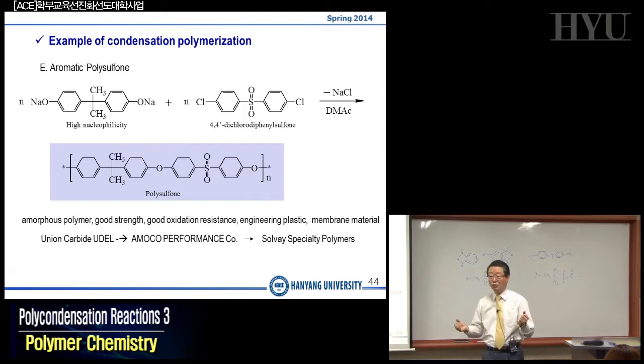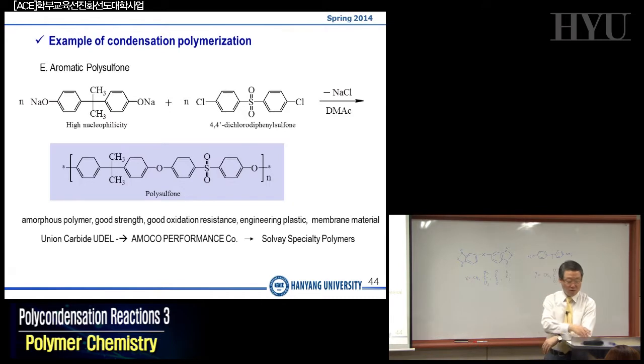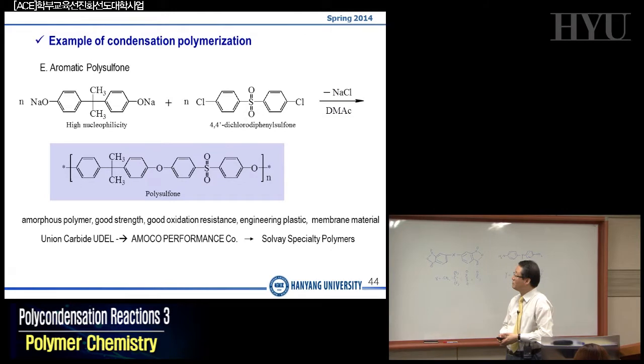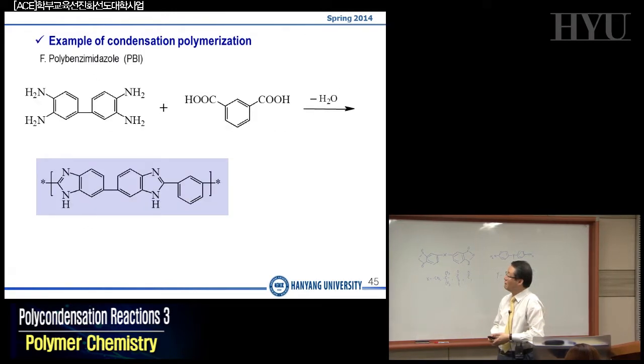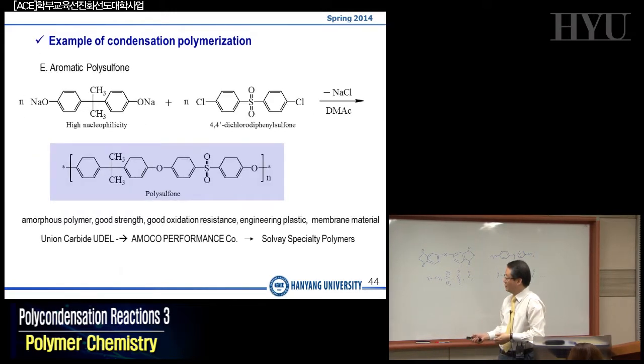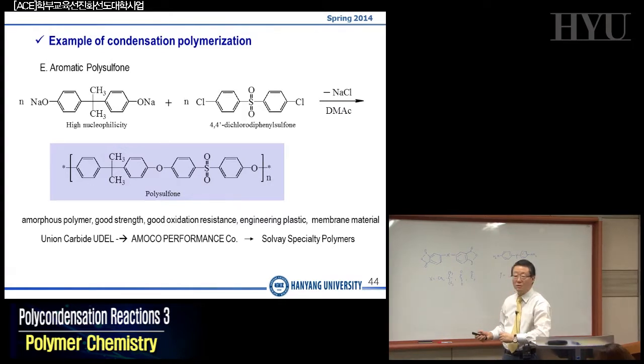Water purifier, 정수기. Water purifier can be made out of this polysulfone in the form of hollow fiber or in the form of a flat sheet. We have a larger customer for this polysulfone in this case. So you can take a look at the polysulfone. You can search polysulfone on the website and take a look at who is producing these polysulfones as well.